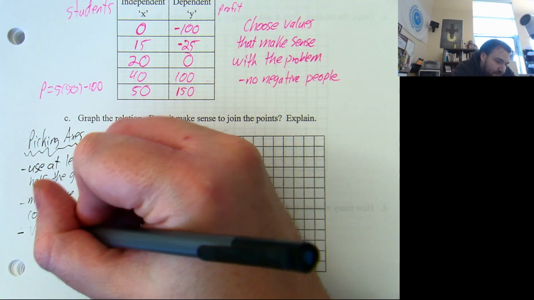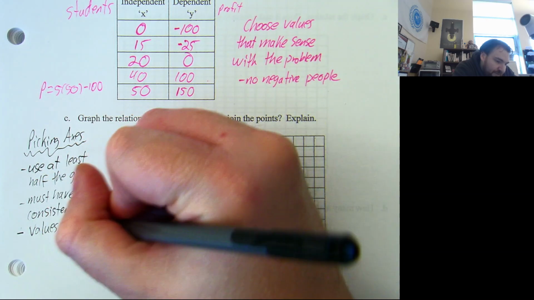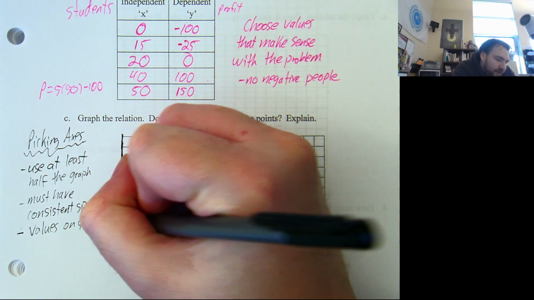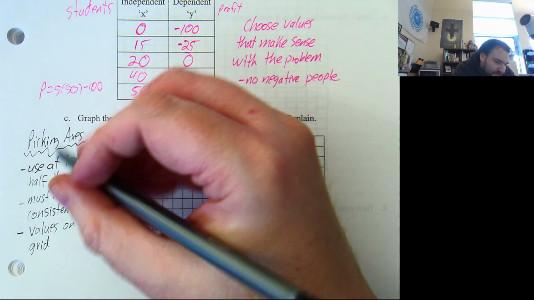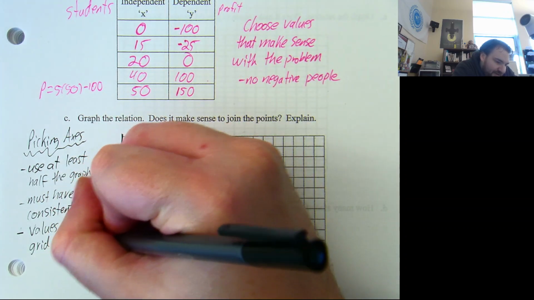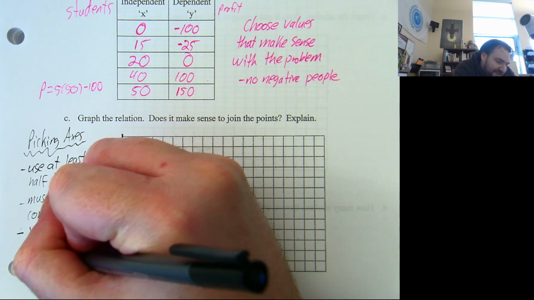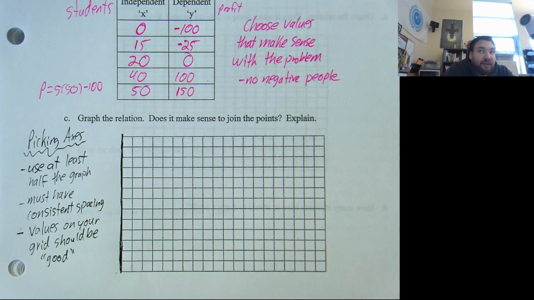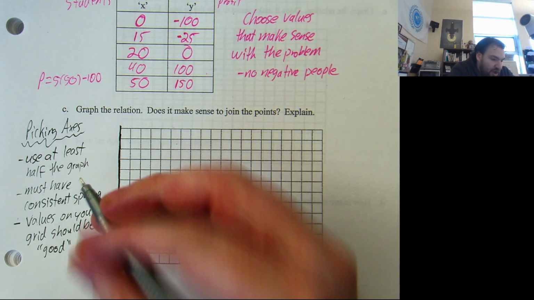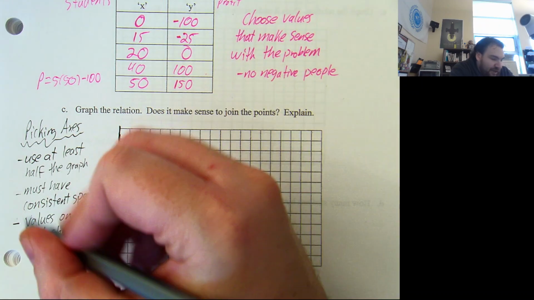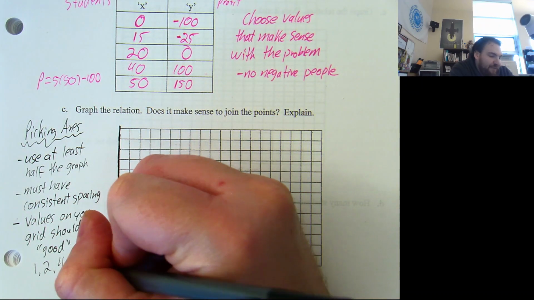Values on your grid should be, and I'm going to put this in quotes because it doesn't really mean anything, good. What do good values even mean? Well, good quote-unquote values are things like going up by 1s, going up by 2s, going up by 4s.